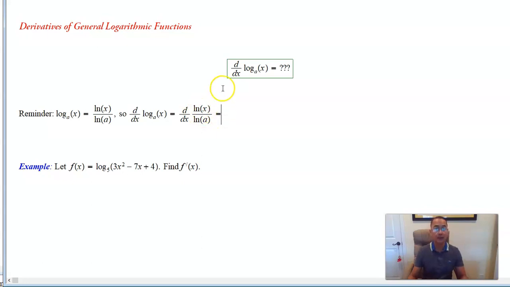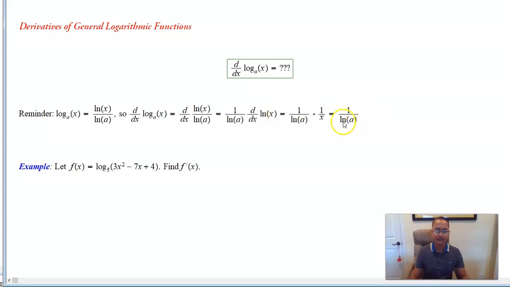So we can factor out the ln of a as 1 over ln of a times the derivative of ln of x. And I hope you remember the derivative of ln of x is 1 over x. So we get 1 over ln of a times 1 over x. And if you like, we can put those two together. Where should we put it?